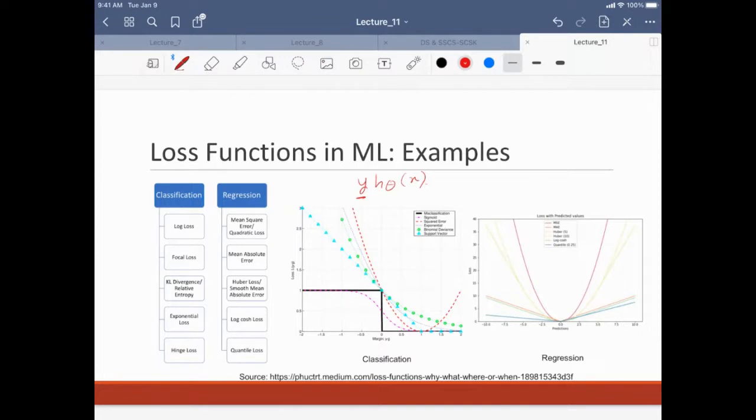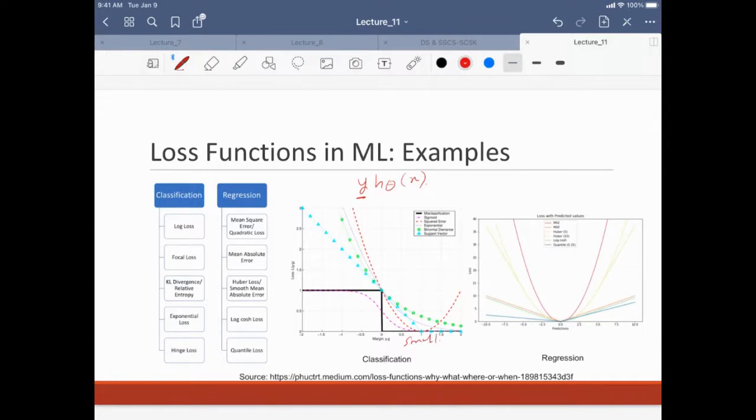Because you're multiplying y and h theta of x, if this multiplication between the two is greater than 0, what it means is that the sign of y and the sign of h theta of x match. So both of them are in the same direction. If they are positive this side, what we really want from our loss function is to have a small loss. So we want the loss function here to be small if they both have the same sign.